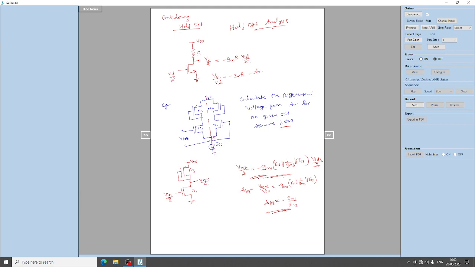For the input VID by 2, you have V0 by 2 equal to minus GM into R times VID by 2. So the differential gain remains the same, it is still minus GM into RD, the drain resistance. And again we have solved the same examples considering the same circuit.